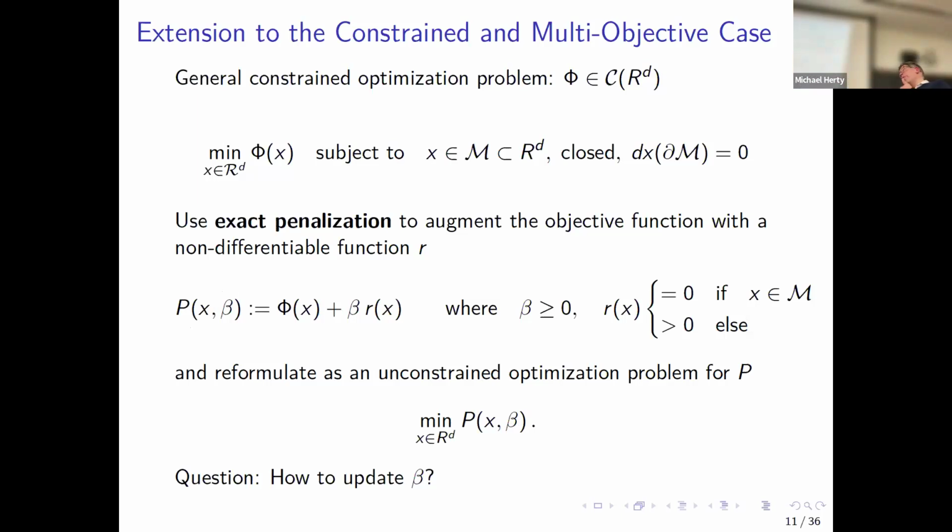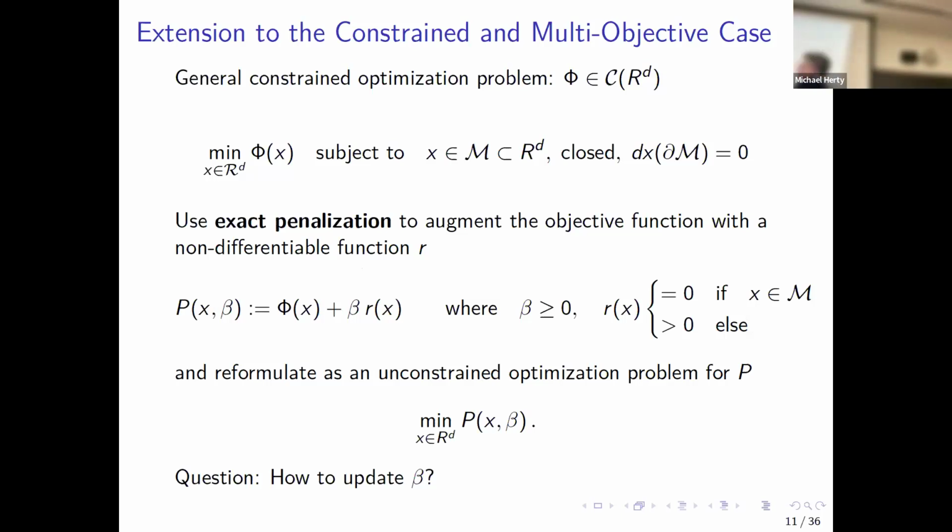Therefore many people avoided exact penalization, because you introduce a non-differentiable function. For the particle method this is not a problem, because the function phi could anyway be non-differentiable in the first place, and we only use this Laplace principle, so I don't need any gradient. This is why we thought this might be a nice combination.